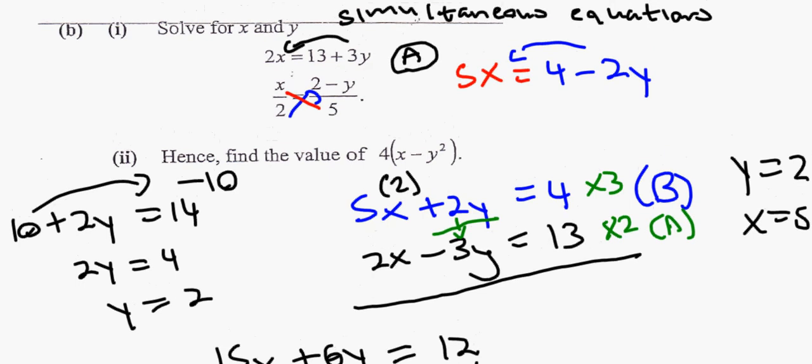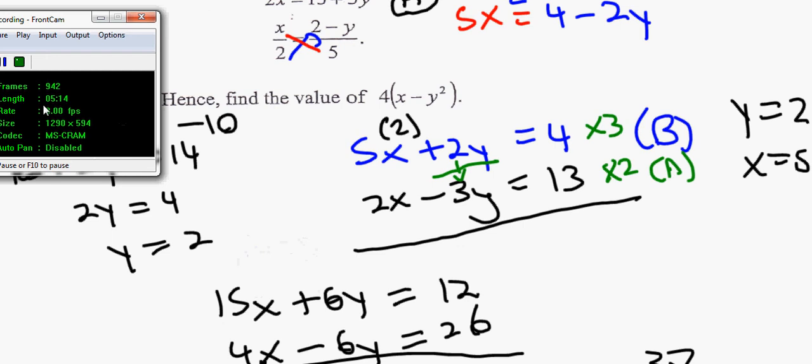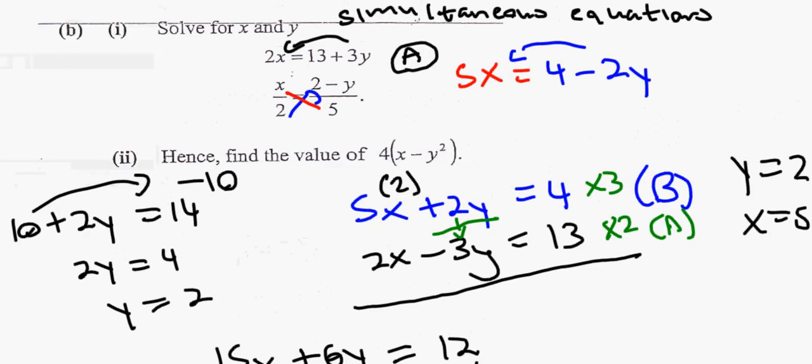So what we got there was 5x plus 2y equals 4. So 5 times 2 is 10, 2y equals 14, y equals 2. Sorry, excuse me guys, the last question, it wasn't 14, it was 4.